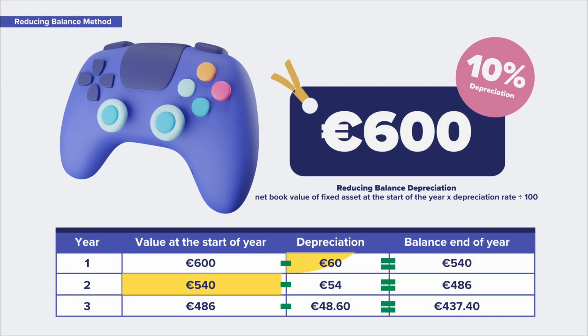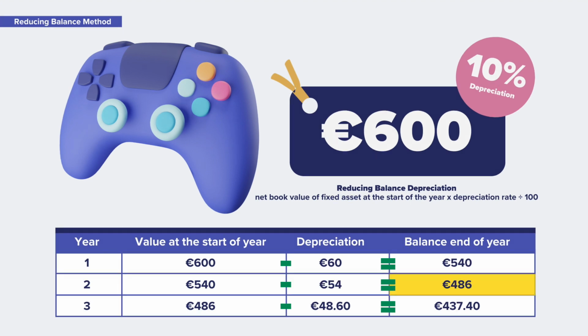So we take our balance of €540, and then we find 10% of this, which gives us €54, which we subtracted from the €540 balance, and that left us with €486. Now we take our balance of €486 and we find 10% of this, which is €48.60, and subtract those figures, which left us with a balance at the end of year three of €437.40.